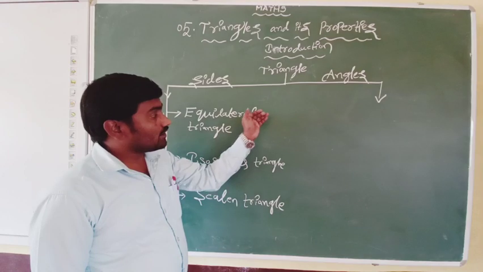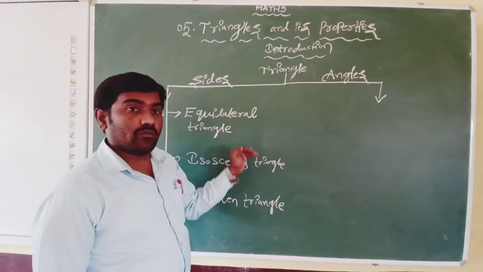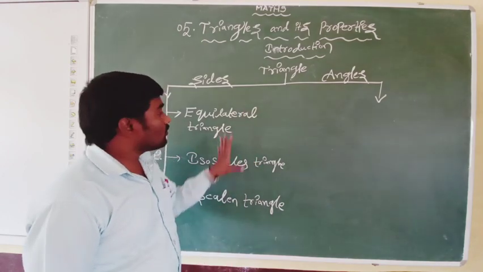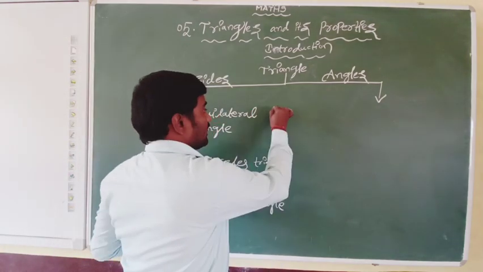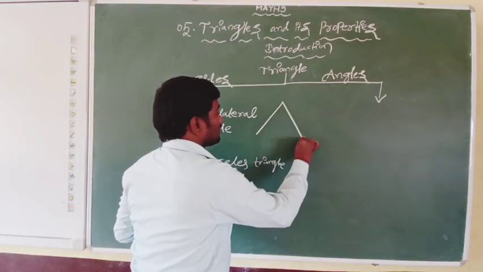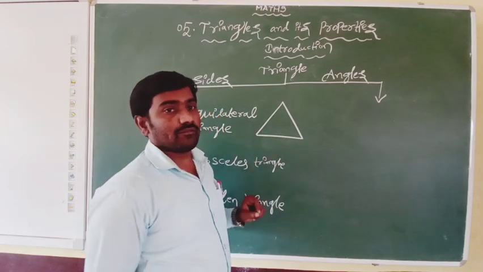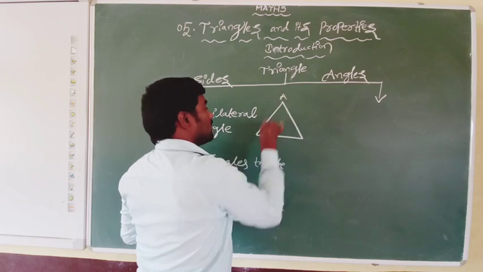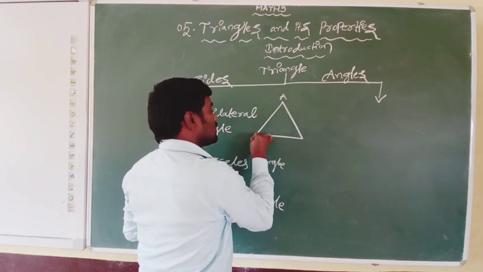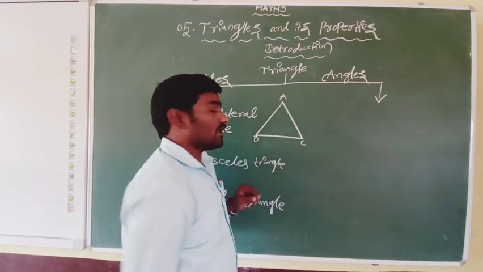Let us know about every triangle one by one. The first type of triangle is the equilateral triangle. See that it is a triangle. Let us give a name for this triangle. Suppose this is triangle ABC.